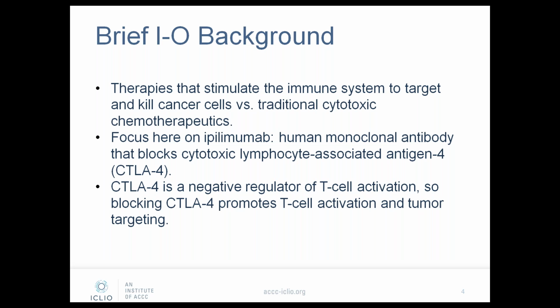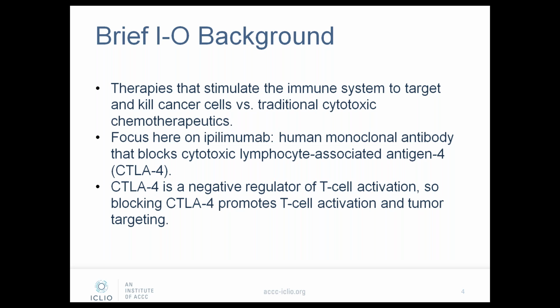The therapies that stimulate the immune system are a little bit different in that they allow the activation of naturally circulating T cells primarily that are then revved up and can go attack tumor cells. The focus here is going to be on ipilimumab, which is the human monoclonal antibody that blocks CTLA-4.